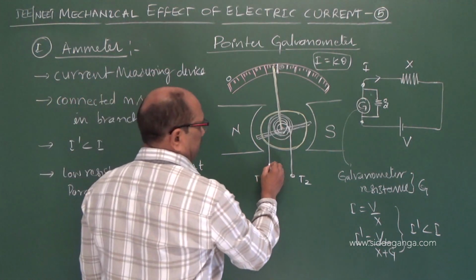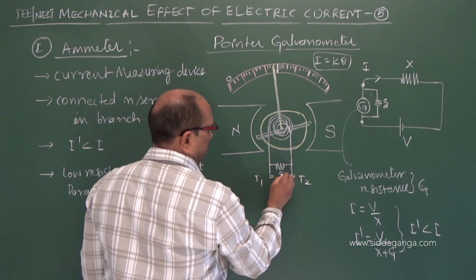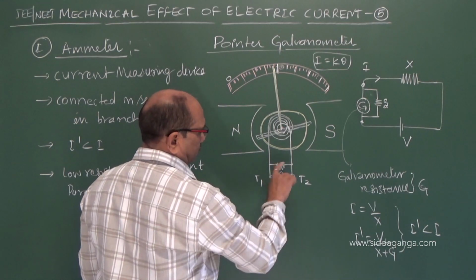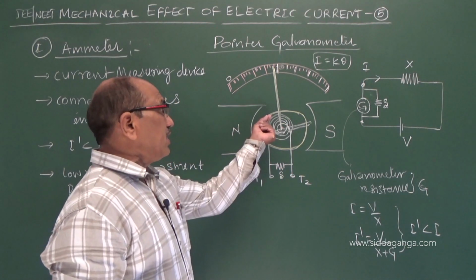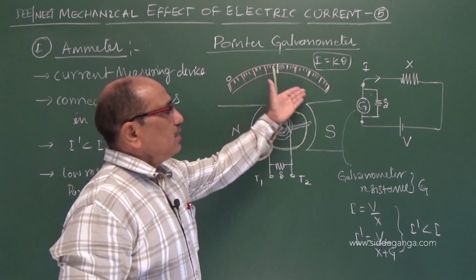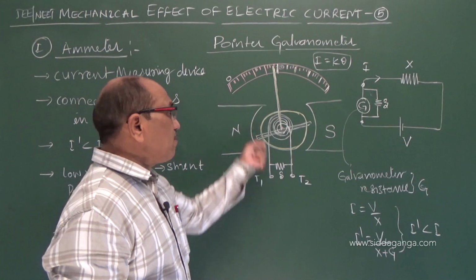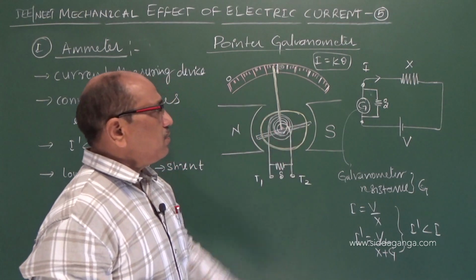That means if I connect it before the terminals, the majority of the current bypasses through this. The majority of the current bypasses, a sample current is taken, and that is how the measurement is taken. So we take a sample of current, and the majority of the current we bypass through that.